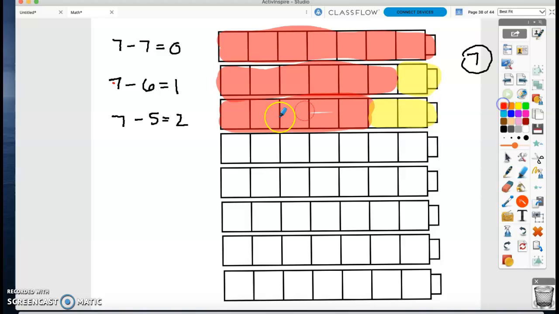Continuing on, instead of 5, we'll color 4, and the rest will be yellow. That number sentence will look like this: we have 7 altogether minus 4 red equals 3 yellow.